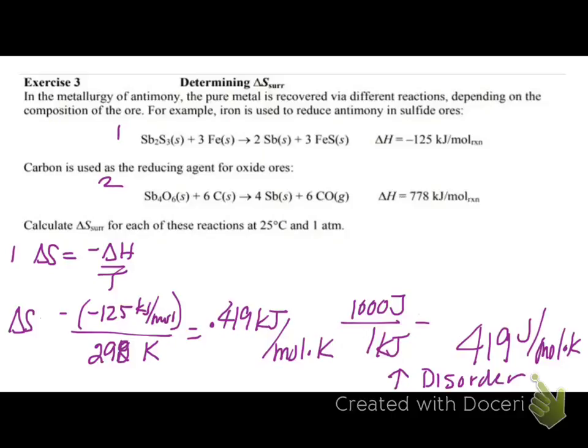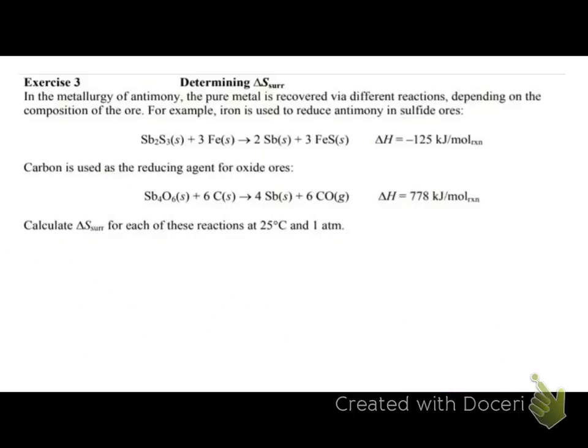So now let's do the next one. I'm going to have to erase this because I don't have room to write. So say goodbye. So for the second one, we're going to have delta S is equal to a negative, and that is 778 kilojoules per mole. And if you wanted to just go ahead there and make that into joules, you can. I just like to do it at the end. It's just my preference.